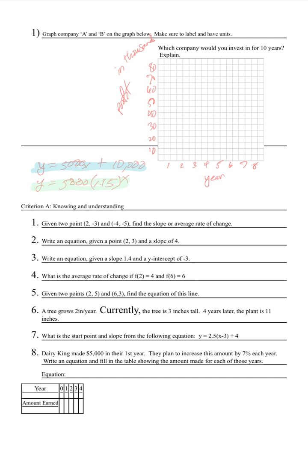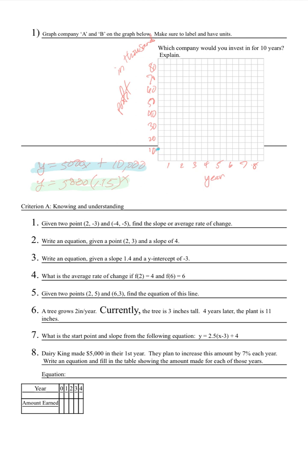So our y-intercept right here is at 10,000. Okay, so here's 10,000 right here. Oops, let's say that's blue. So we want to use blue here. That's 10,000. And then the slope is here. That's 5,000 over 1. So we're going to go up 5,000 and over 1 year. Okay.